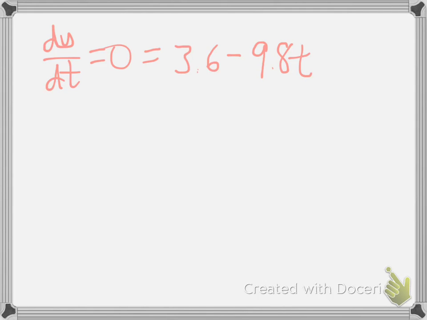This is a calculator question, so they do expect you to use your calculator to help solve these things. When we do a little bit of rearrangement here, bring something over, divide by the 9.8 or negative 9.8, depending on how you set this up, it's going to be 3.6 divided by 9.8 by the time you're done, which is some approximate value, which I'll write down in a moment.